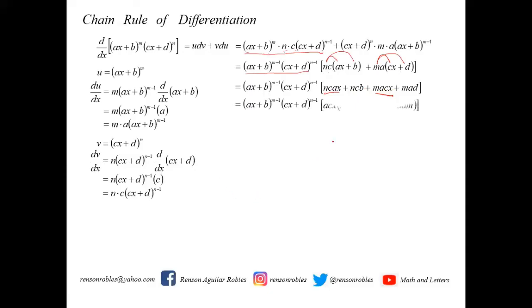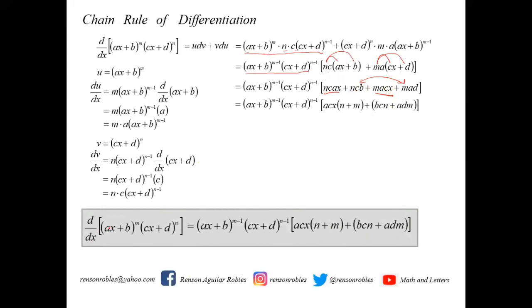So we shall have acx times the quantity n plus m, plus, then we will just combine these two, bcn plus adm. So we shall have the derivative of this function is equal to the quantity ax plus b raised to m minus 1 times cx plus d raised to n minus 1 times acx times the quantity n plus m plus bcn plus adm.